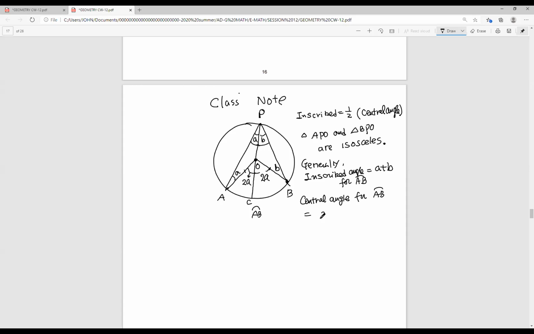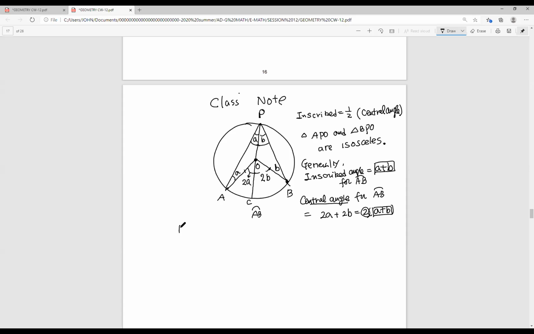It equals how much? 2A. How about this one? This is 2B, okay, B plus B, 2B. So 2A plus 2B equals 2 times A plus B, right? Now compare this one. This is inscribed angle, but this center angle is already 2 times the inscribed angle, right? That is true.